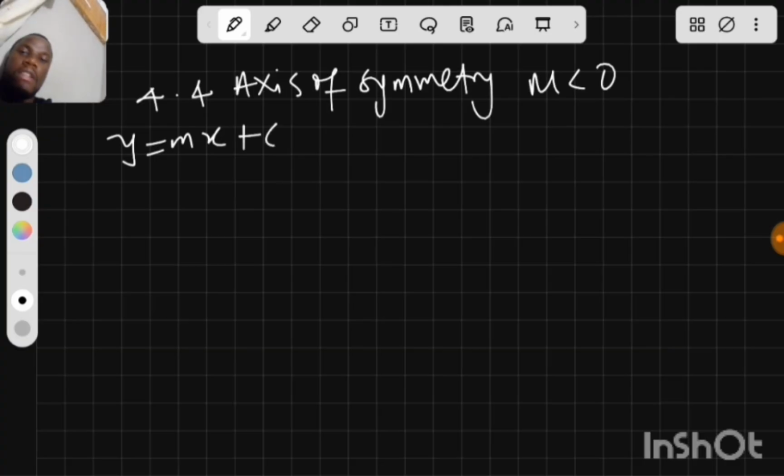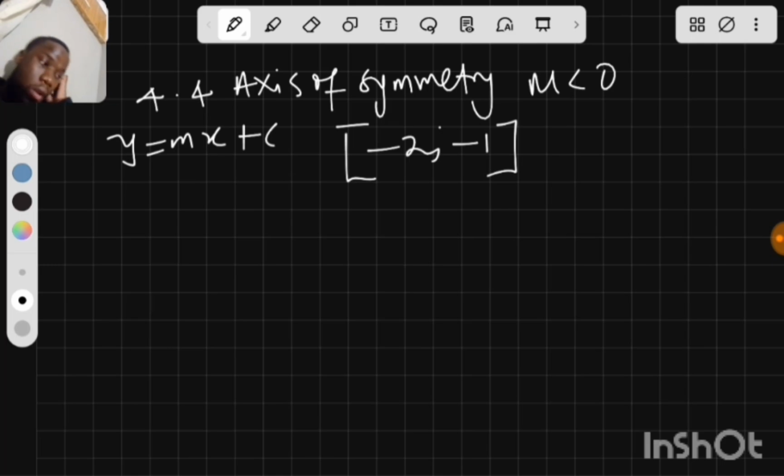And always when dealing with the axis of symmetry, we use our asymptote, which is minus 2 and minus 1. I hope you understand what I'm trying to say. Now our gradient is equal to minus 1 because it is left hand.